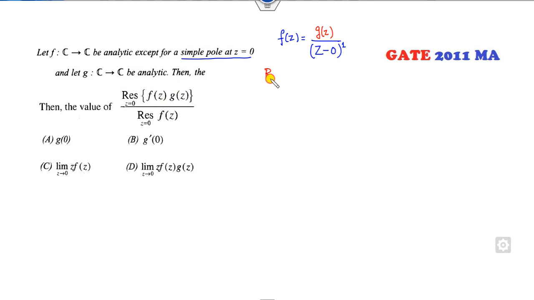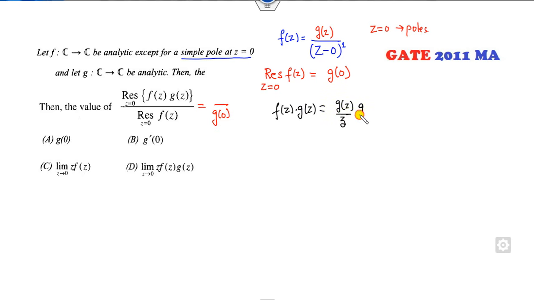Firstly, what is the residue of f of z at z is equal to 0? So z is equal to 0 is a pole. How can you do it? It's a single pole, so I can substitute this value in this numerator. This denominator part is my g of 0. Now what is f z? It is this over z into g of z, because g is my analytic function.